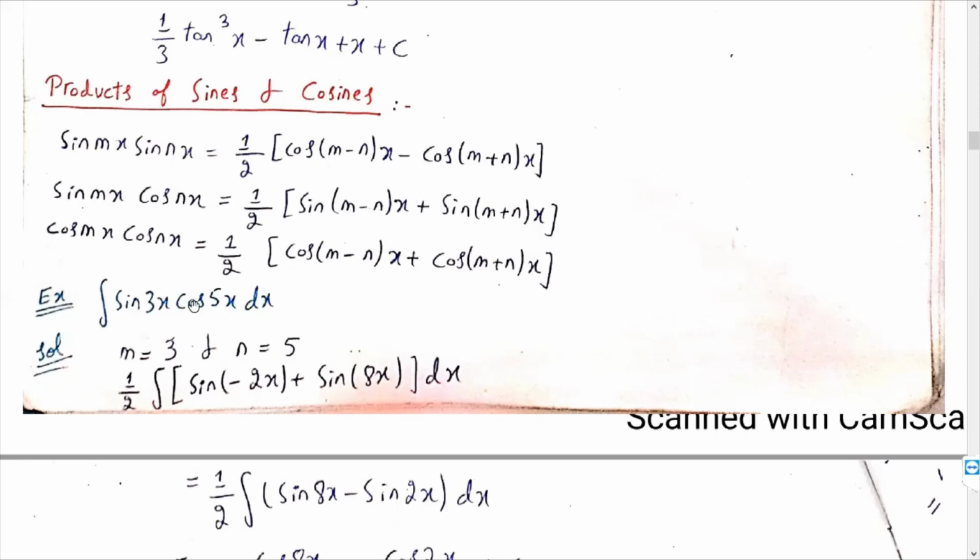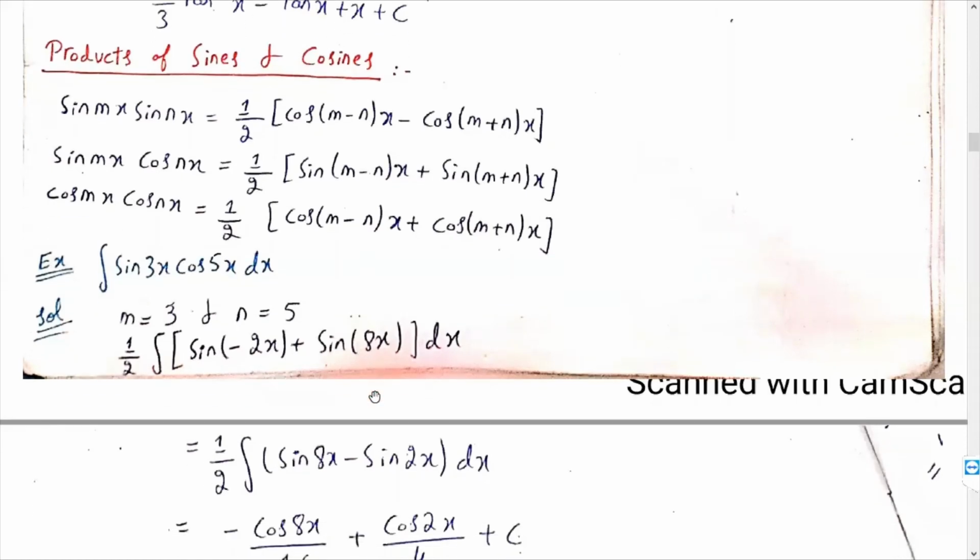So here is an example: the integral of sine of 3x into cos of 5x. Both are trigonometric functions with different arguments. This is an expression of this form, and we can apply sine of (m minus n) x plus sine of (m plus n) x. Here the value of m is 3 and the value of n is 5. So 3 minus 5 is minus 2, and m plus n, that is 3 plus 5, is 8x.